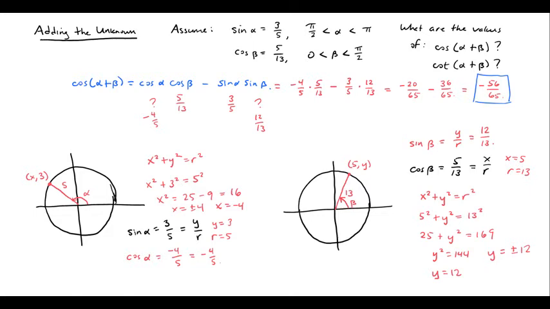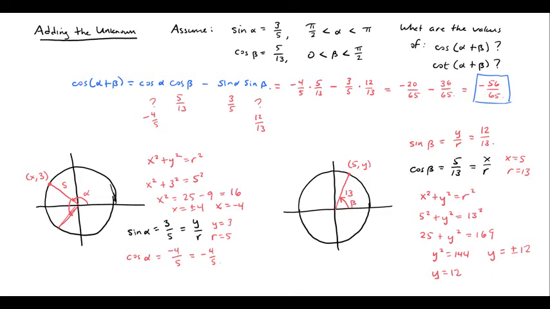Negative 56 over 65 certainly qualifies as being close to -1. Well, if I were to visually add these two angles together, so I'm just going to imagine taking this angle here, which is pretty close to 90 degrees, and add this on top of alpha. So how do I add two angles? Well, I traverse one angle, and then I traverse the other one. And I'm going to end up somewhere over here.